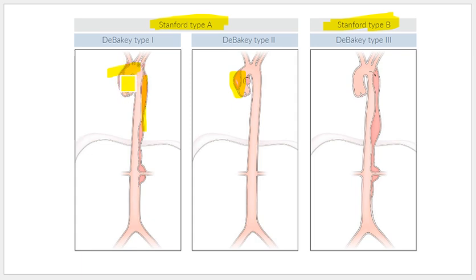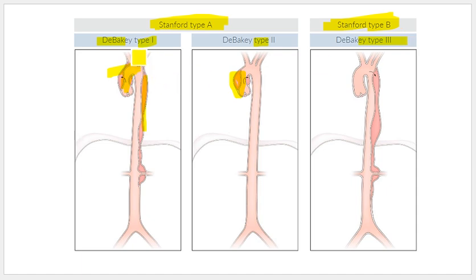So there is a problem. You see that the Stanford classification has a problem because it is placing both in one place. Let me simplify it. If the patient has ascending aorta involvement, this is Stanford A. If the patient has descending aorta involvement, this is Stanford B. But when both are present together, we also call it Stanford type A. So the scientists came up with a new classification that is called DeBakey. DeBakey has three types: type 1, type 2, type 3.